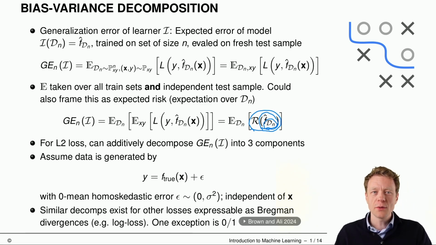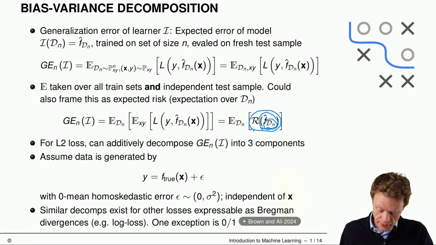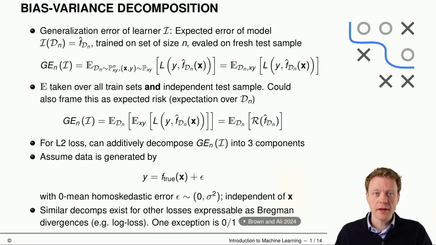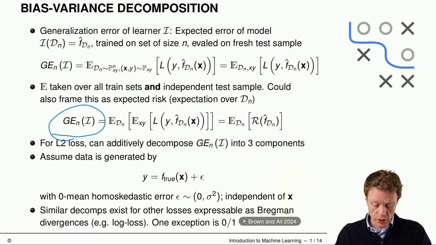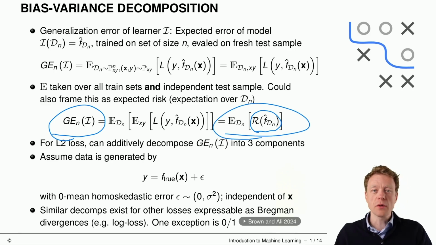So this randomness leads to the risk being a random variable, which means we can take the expectation of that random variable. These are a lot of layers, but I think it's important to have it this clear, because then you see that the generalization error is related to the inducer, to the learner, while the normal risk is related to a fixed model. Risk is something we take of a model, but if that model is random, then we can also take the expected value of it.